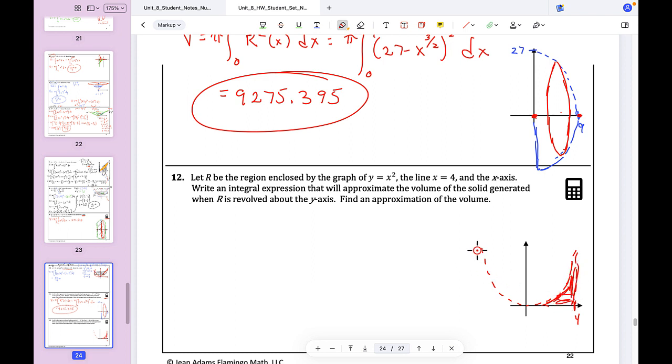Okay, so that's going to be over here at -4, right? So there's my region. Right, so this is going to be a washer. So once again, we have to solve for x. So y equals x squared, so x equals the square root of y.